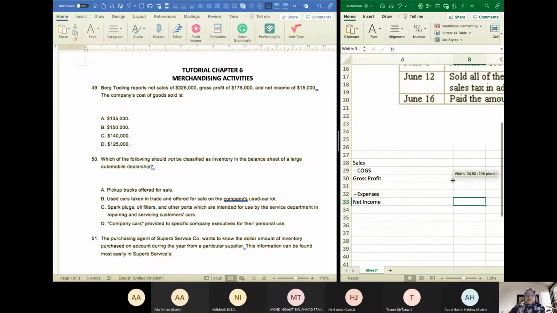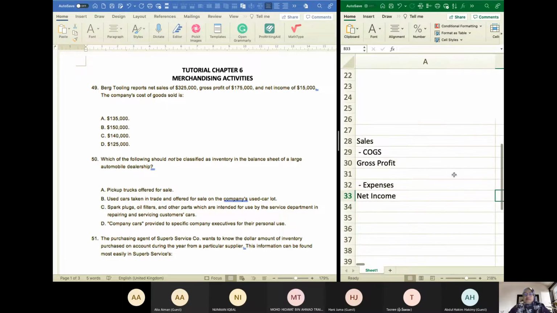Can you see this clearly? Yes, doctor. Yes, we can see.